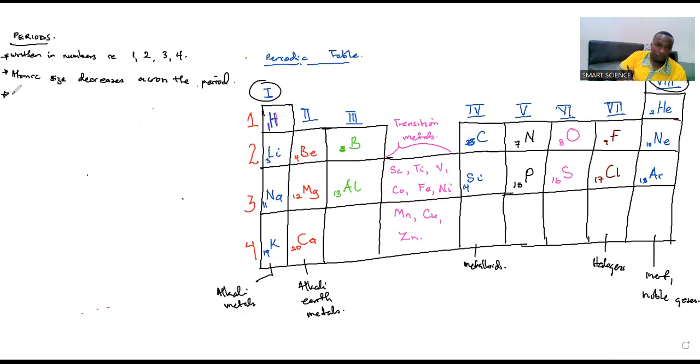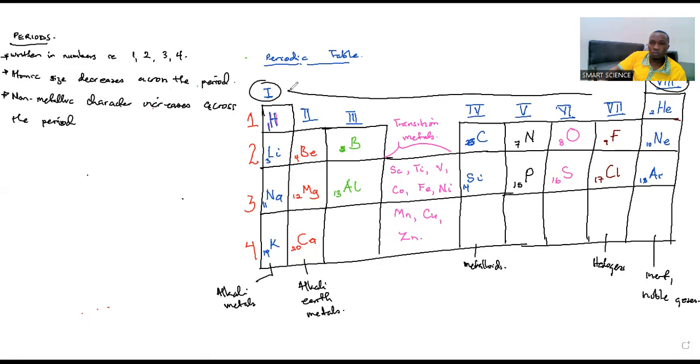Next, non-metallic character increases across the period. As you move from group 1 to group 8, this is across the period.